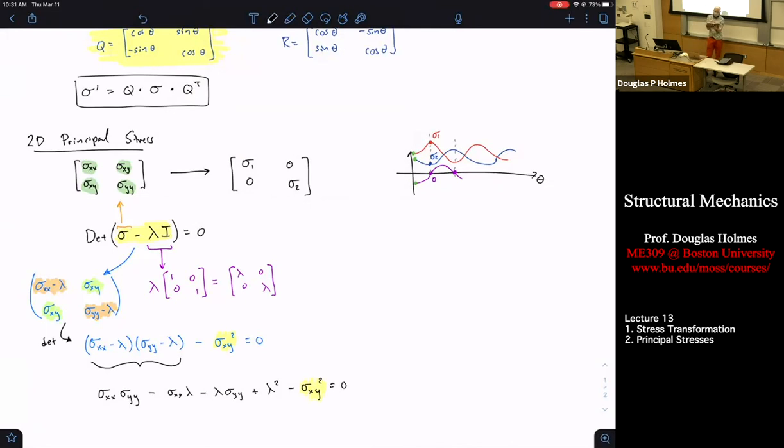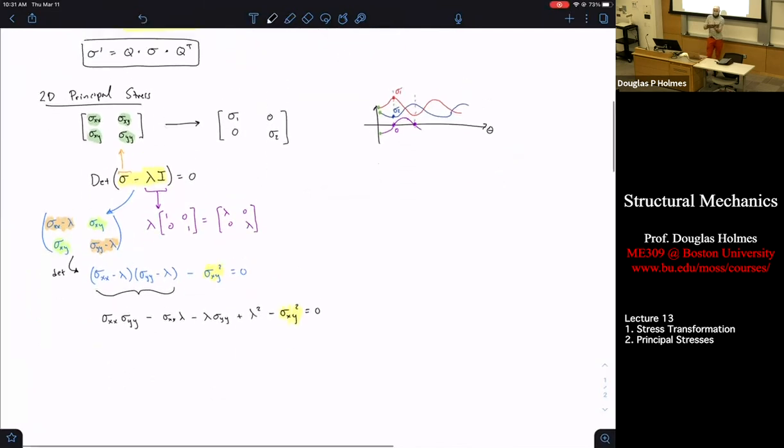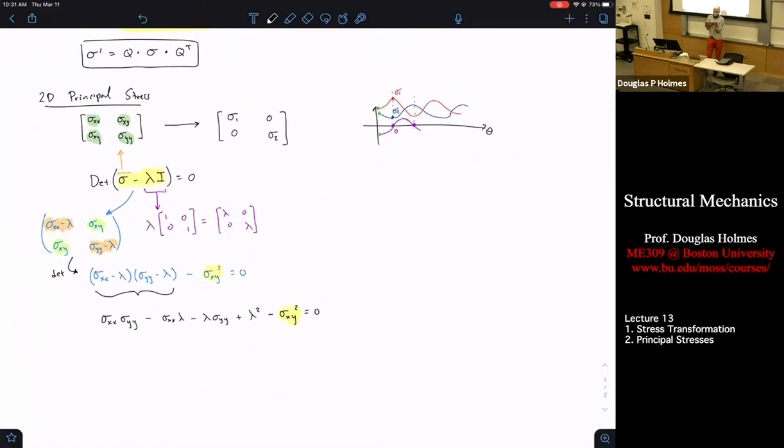This algebra I think has some utility to it. So we can now factor lambda here, and pull out the negative signs. This becomes negative lambda times sigma xx plus sigma yy.